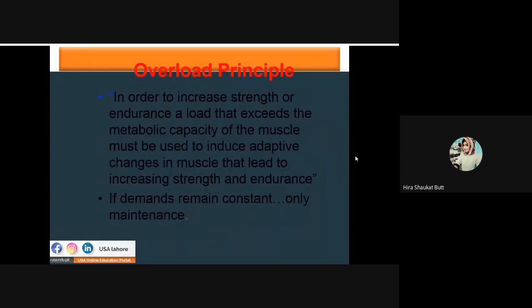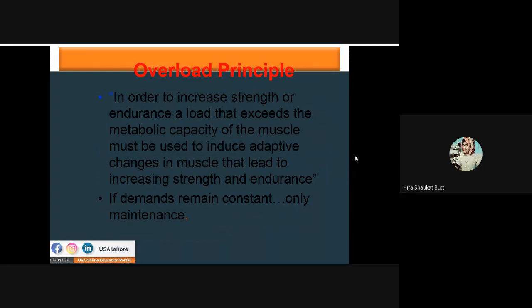So, so far we have discussed the three components of muscle performance: muscle strength, muscle power, and muscle endurance. Afterwards, we saw the definition of resisted exercises. These are active exercises in which the muscle contracts against an external resistance.